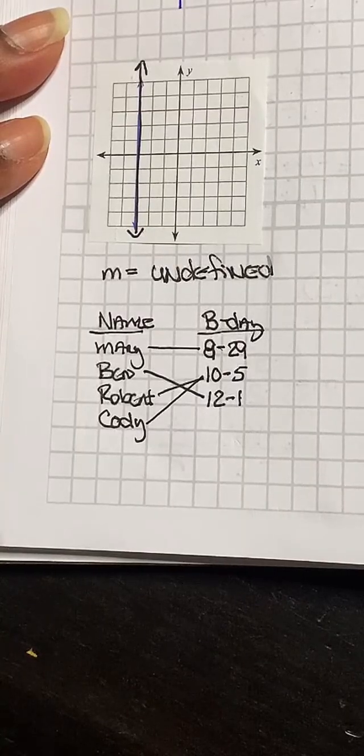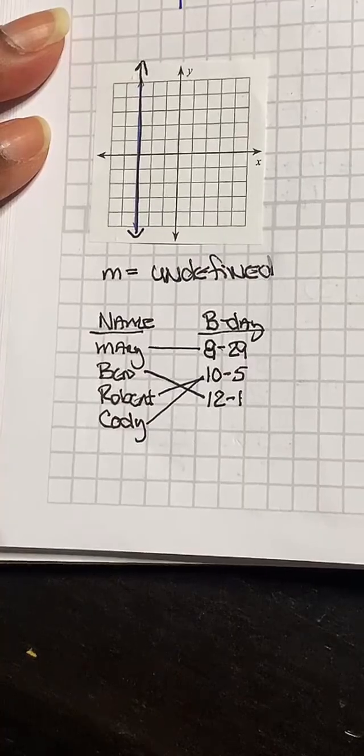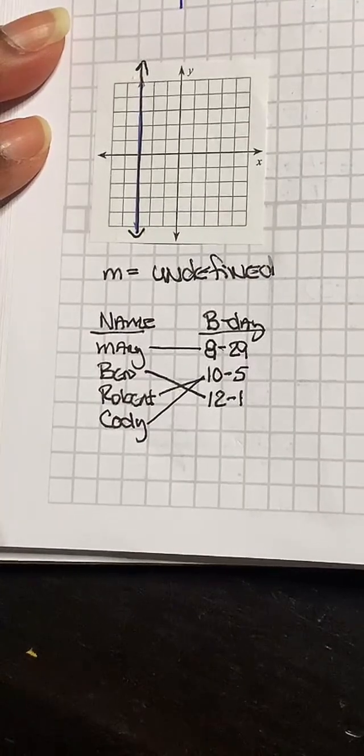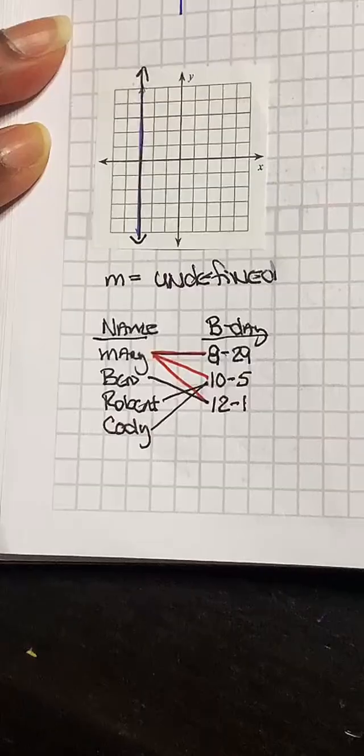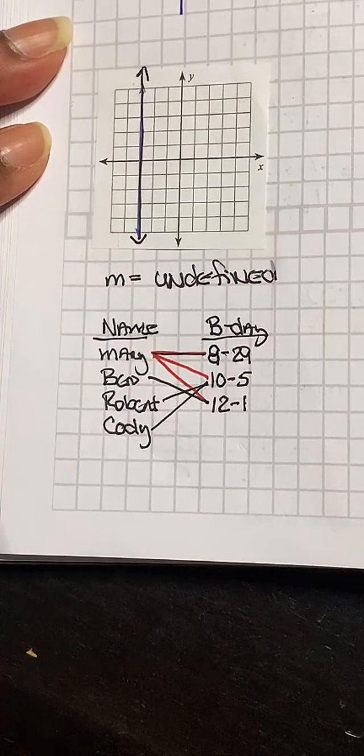Okay. Good. Now, is it logical for one person, let's say Mary, to have multiple birthdays? Is that possible? Forget that whole leap year stuff.